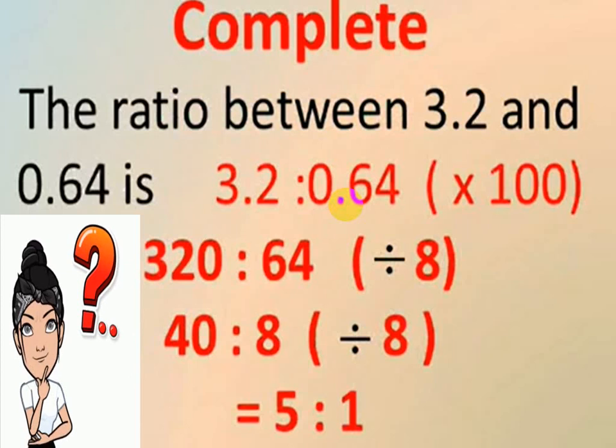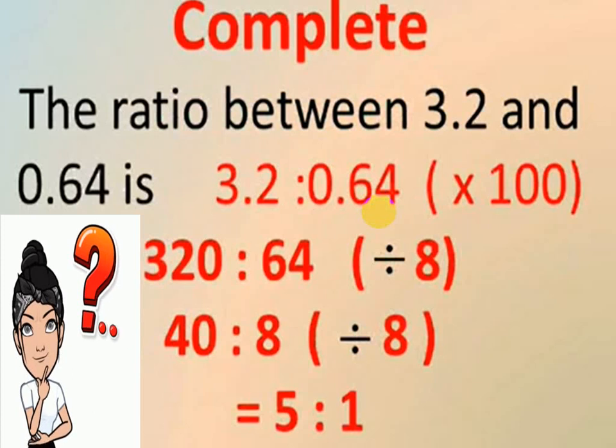The first term, 3.2, has the point after one digit, so to make it a whole number you need to multiply it by 10. The second term, 0.64, has the point after 2 digits, so you need to multiply it by 100 to convert it into a whole number.